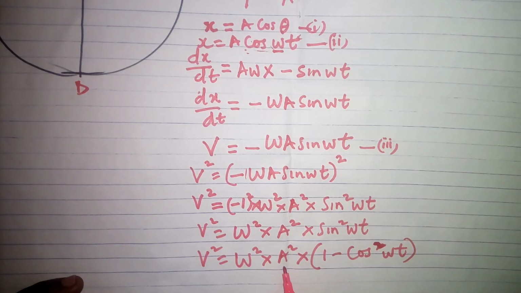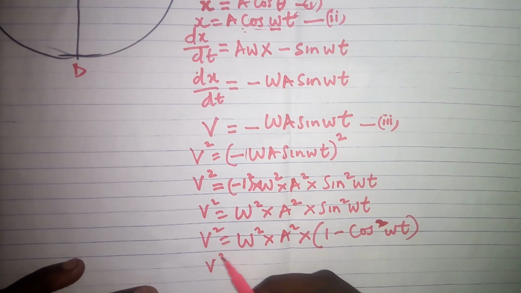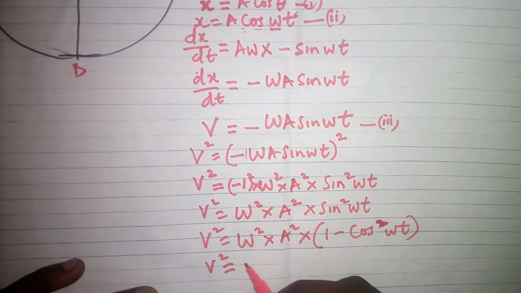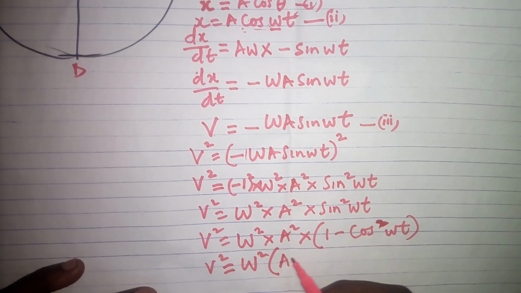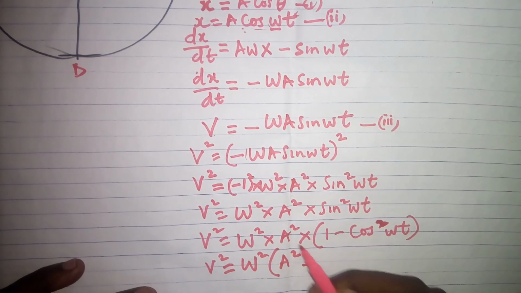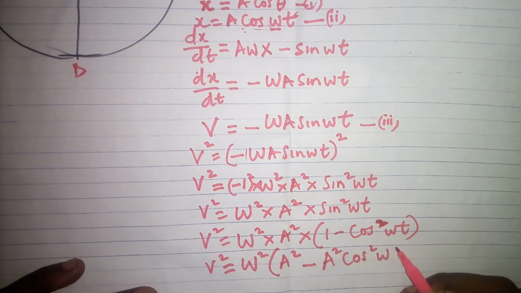Then I will just use my amplitude a squared to multiply through the bracket, so the bracket still remains there since my omega squared is still here, and I have it this way: v squared equals omega squared bracket a squared times 1 is still my a squared, plus minus a squared times cos squared omega t gives me a squared cos squared omega t.